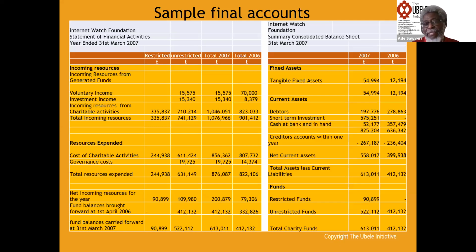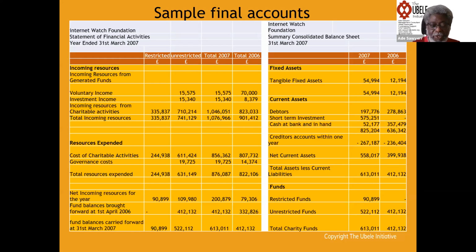On the right side is a simple balance sheet. And what a balance sheet normally shows is what are the assets, if any, in the organization, what are the current assets, what are the liabilities. And if you take away the liabilities from the current assets and add the fixed assets, what you get is the total assets that are left in the organization.